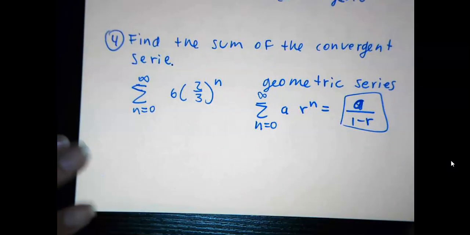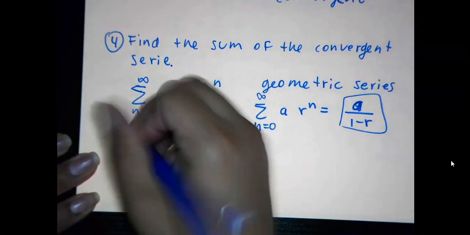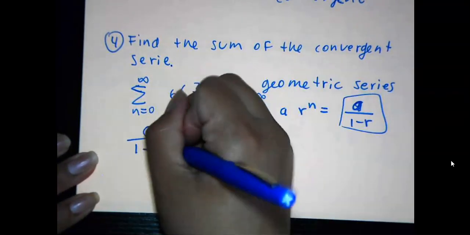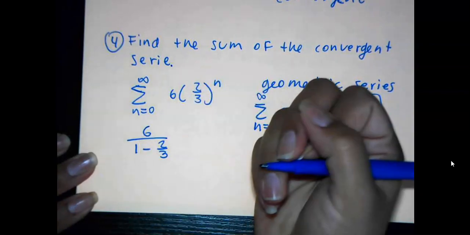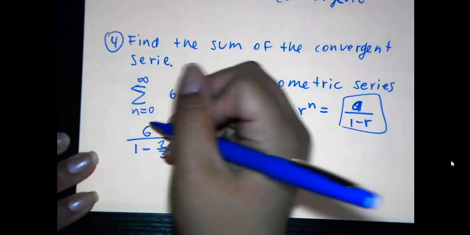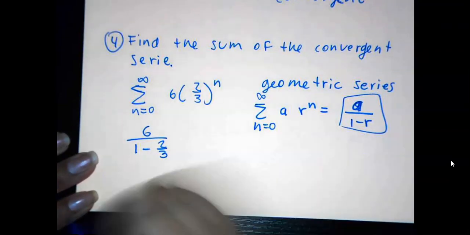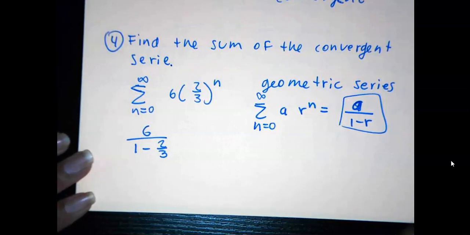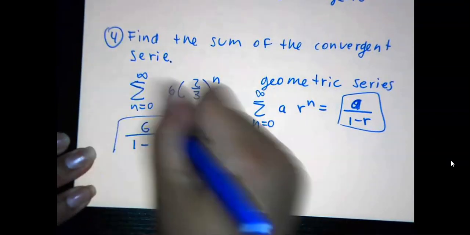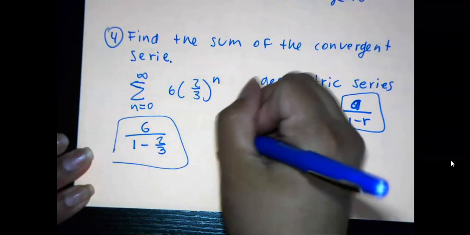So in this case, a is 6 over 1 minus r. My r is 2/3. All we need to do is simplify it. I'll let you simplify it so that I can go over the rest of them. Now, let's simplify it.